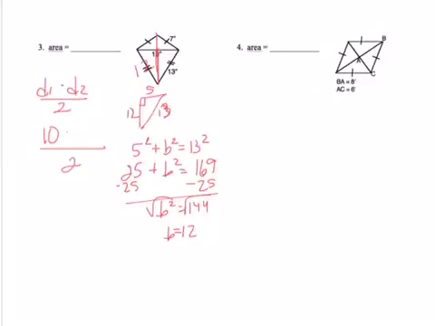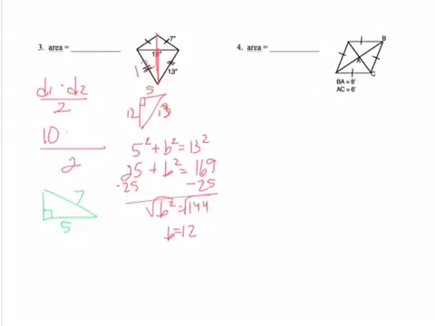Now I have to find that top portion of my kite. And I know this again is 5 right here. This is 7, so I'm going to put a 7 there. And my right angle is right there. And I need to find this distance right here.